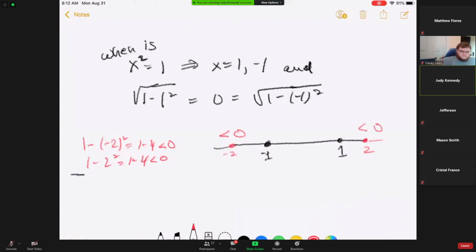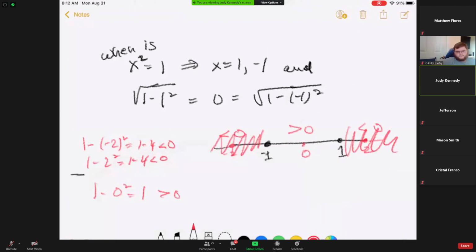And that means that if there's any place where it's greater than 0, it's got to be between minus 1 and plus 1. So check, say, 0. 1 minus 0 squared is plus 1, which is greater than 0. I only want the places where it's greater than 0, so that means nothing here and nothing there.